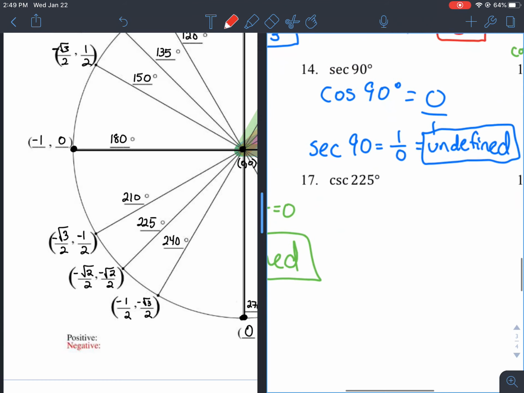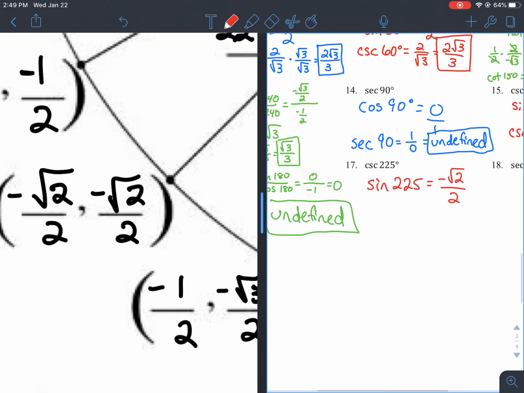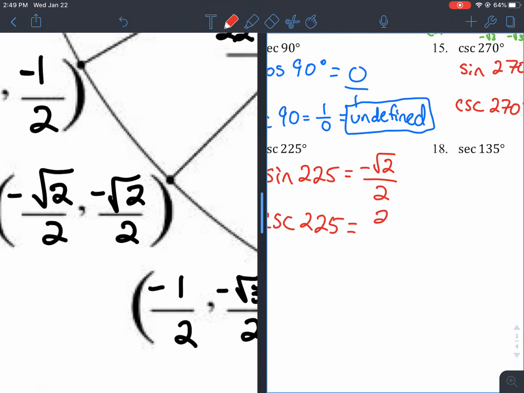For cosecant, that one goes with sine. So we're going to find the sine of 225 first, which is the y value, negative root 2 over 2. And we are going to then take the reciprocal of that. Cosecant of 225 is the flipped version, 2 over negative root 2.